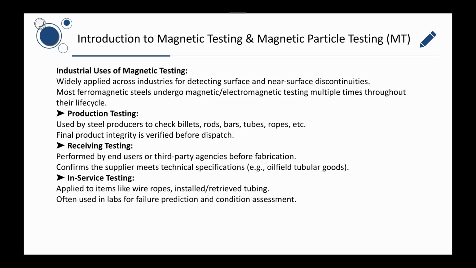So we move to the next slide. Industrial uses of magnetic testing. Magnetic testing is widely used in various industries because it can quickly and effectively detect surface and near surface flaws in ferromagnetic material such as carbon steel and low alloy steel.